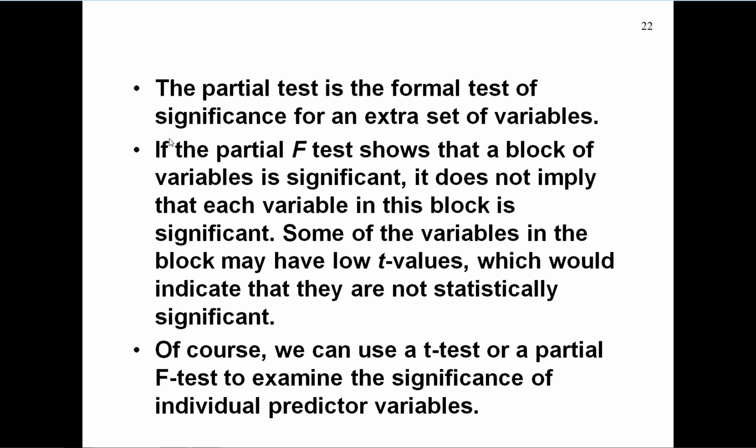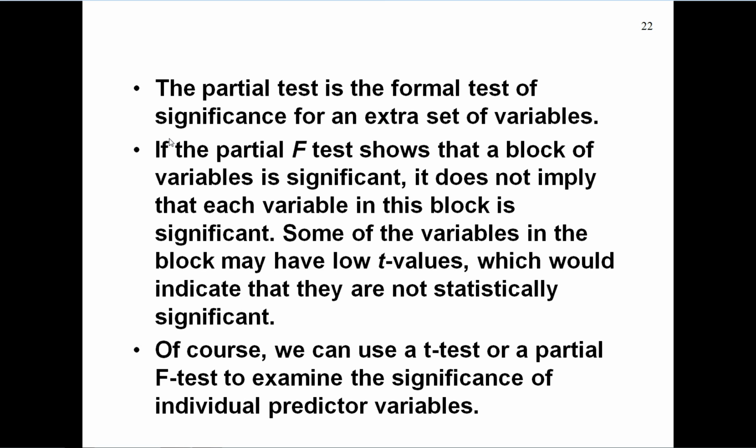The bottom line is that using this formal partial F test, we can certainly conclude that adding those three additional variables to a model already containing the 5 variables does not significantly improve the explanatory power of the model. And so our conclusion is that the regression coefficients associated with those 3 additional variables are in fact equal to 0. That is, they do not significantly improve the model and therefore can be eliminated from the model.